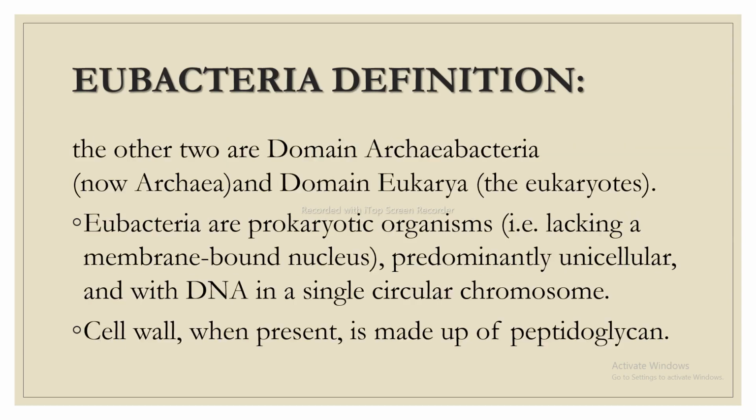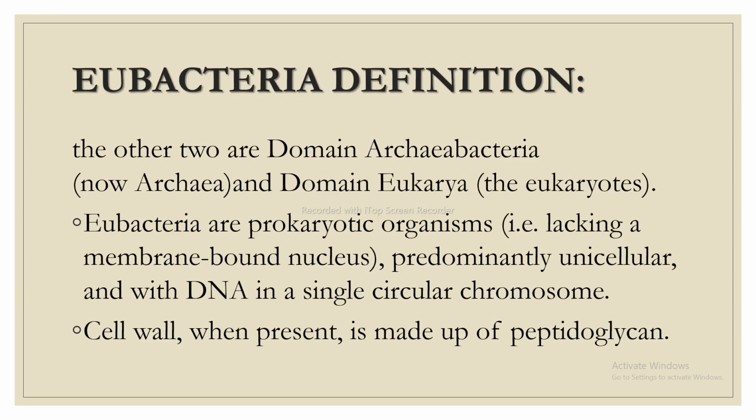The other two are domain Archaebacteria, which is now known as Archaea, and the domain Eukarya, which is now known as the eukaryotes. So Eubacteria are prokaryotic organisms, lacking a membrane-bound nucleus and predominantly unicellular, with DNA in a single circular chromosome.